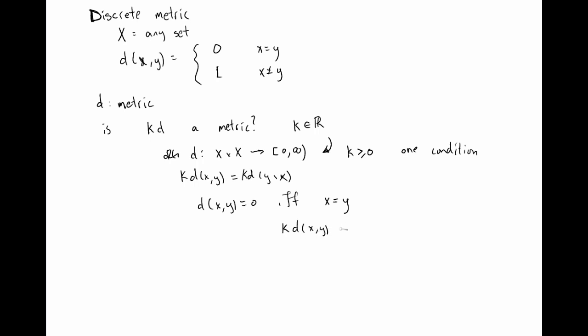If we have x not equal to y and k equal to 0, then kd is equal to 0, so that would violate this condition. So we have that k is not equal to 0. So we have a second condition on this.